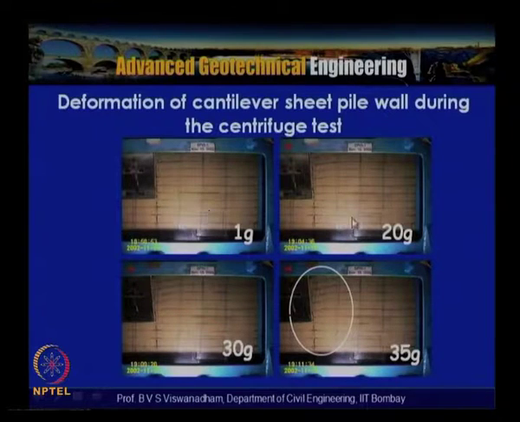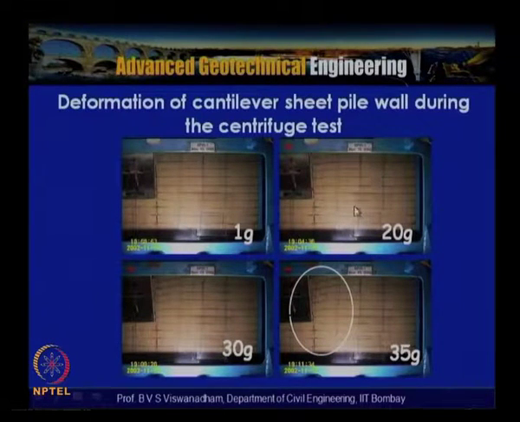You can see that as the gravity level is increased, theoretically the d by h ratio at 1g is stable, but it does not mean that at 20g the same stability is ensured.